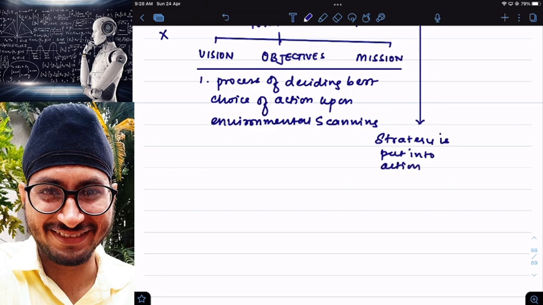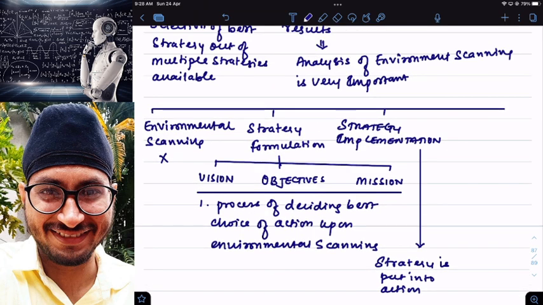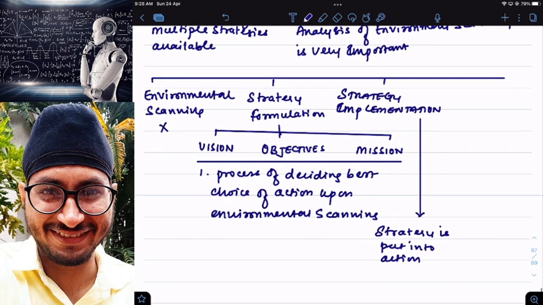When a strategy is put into action, that is called strategy implementation. After implementing the strategy, what will I do? I will evaluate the strategy. That is strategy evaluation and control. Here I will evaluate the strategy and then I will try to control.